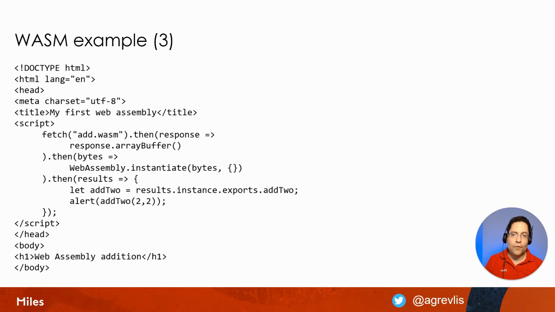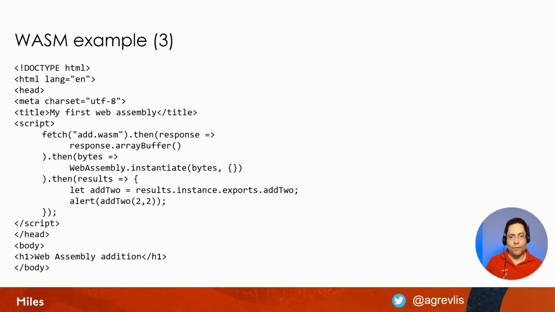If we want to use WebAssembly, then the first thing that we need to do is fetch our WebAssembly, and then after that we can read our WebAssembly into an array buffer. And then since WebAssembly is a web standard, we can just call WebAssembly.instantiate with the byte arrays that we just read in. And then we can use the results that we get from that.